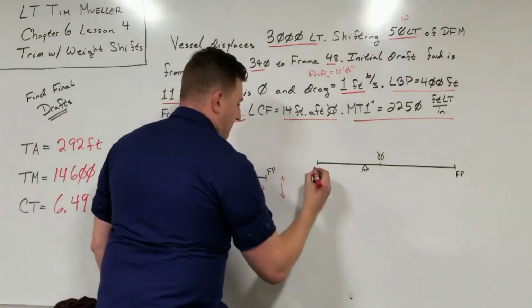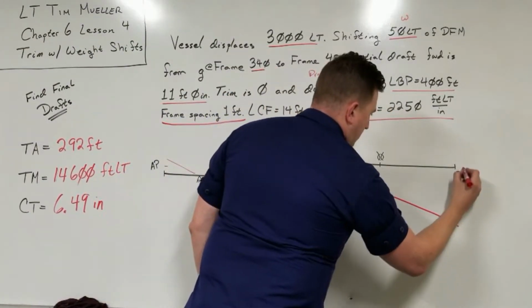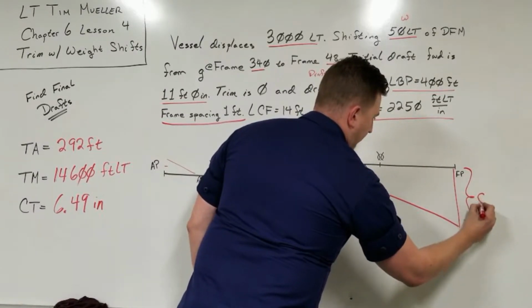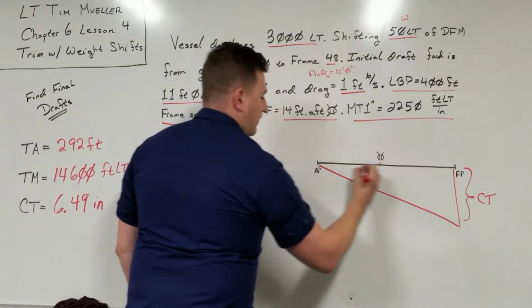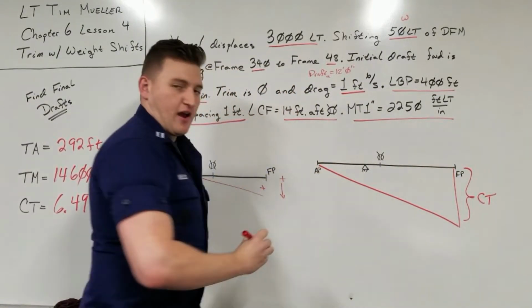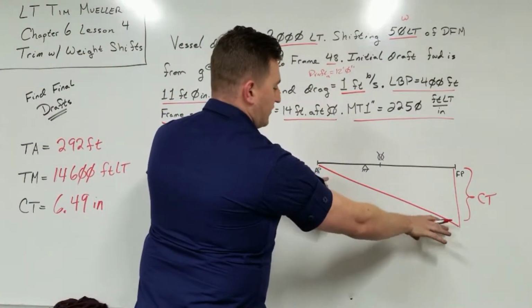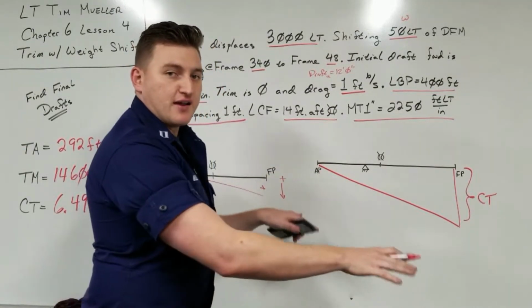So let's draw this here. This triangle is going to have this side be CT, and this length here is our LBP, which we already know. But this line here doesn't mean anything physically, it's not helping us.